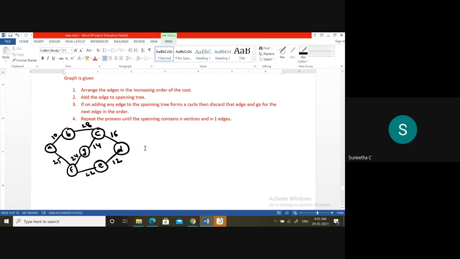Okay. So increasing order of the cost means, first, what is the minimum cost in the graph? Minimum cost is 10. So first we take 10.